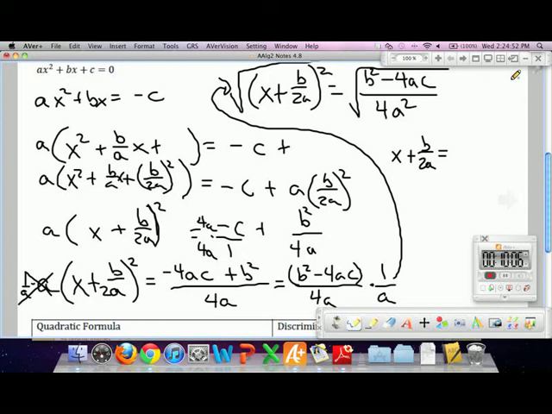And that's over the square root of 4a squared. What's the square root of 4a squared? What's the square root of 4? 2. And the square root of a squared is a. So this is the same as 2a, plus or minus. x plus b over 2a is equal to plus or minus the square root of b squared minus 4ac, all over 2a.